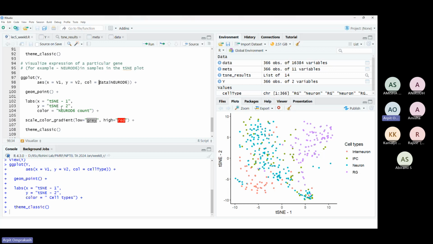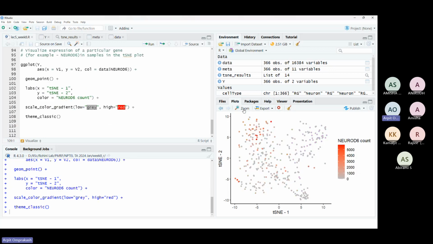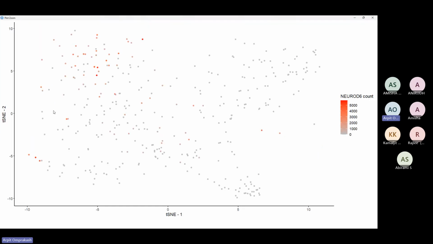Then geom_point, again labels. Then we will use a gradient of color which goes from gray to red. So the lower values will be represented by gray and the higher values will be represented by red. Now we run this, and you see that for our gene, we now see in 2 dimensions where the samples are and what the expression of this gene is in these different samples.